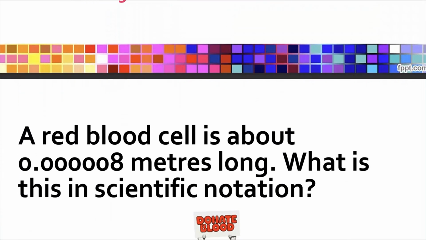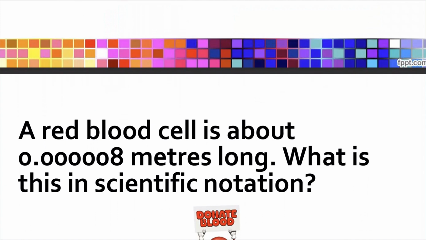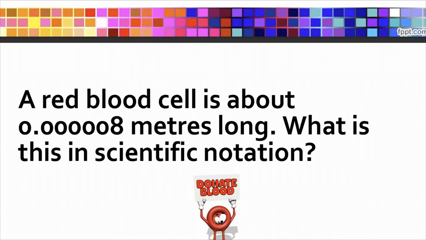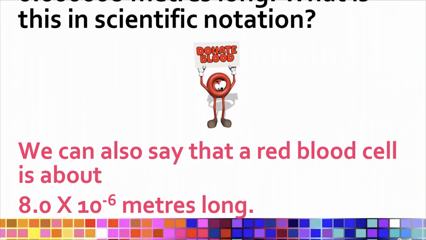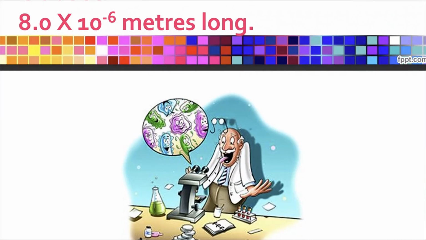A red blood cell is about 0.00008 meters long. What is this in scientific notation? So decimal after 8, and this number is smaller, so the exponent would be with a negative sign. So 8 times 10 minus 5, and 1 is 8, so it should be 8 times 10 minus 6 meters long.